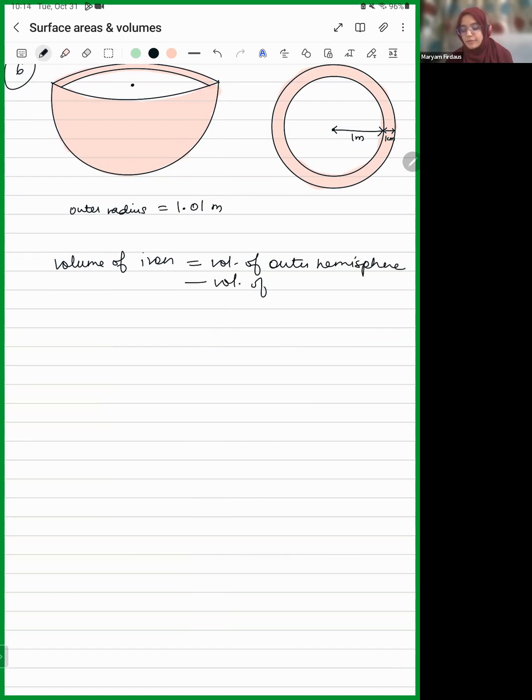Kindly note this down. It will be 4 by 3 pi, let's say capital R cube minus 4 by 3 pi small r cube.